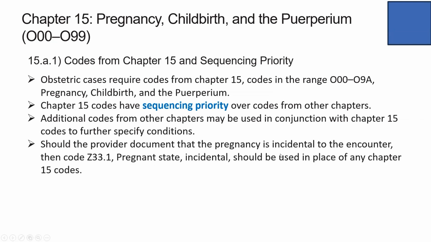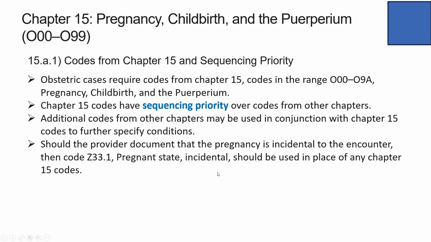Should the provider document that pregnancy is incidental to the encounter, then the code Z33.1 pregnant state incidental should be used in place of any chapter 15 codes. So this is the exception where we may very rarely see a provider document that the pregnant state is incidental to the reason the patient is presenting, because in pregnancy, most every condition the patient has is considered to be somehow impacted by the pregnancy and vice versa.